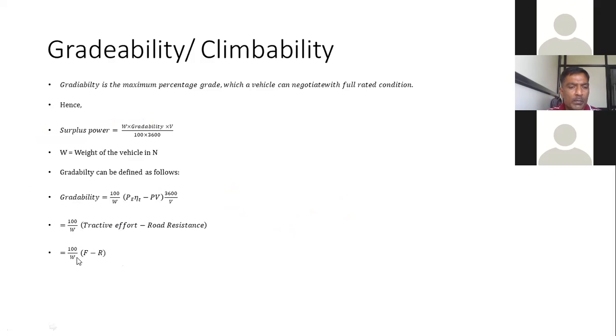Therefore, 100 divided by W, F minus R. So this is tractive effort and this is PV, this is road resistance. Okay.